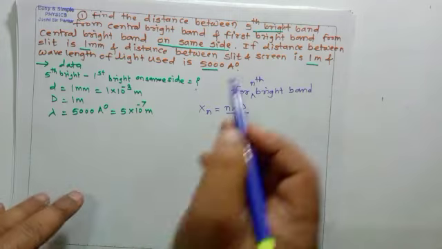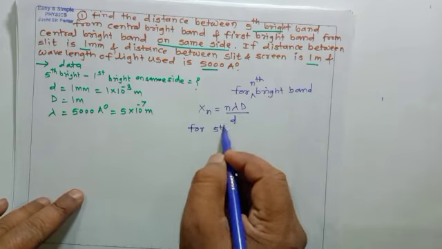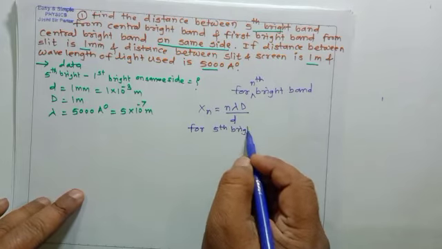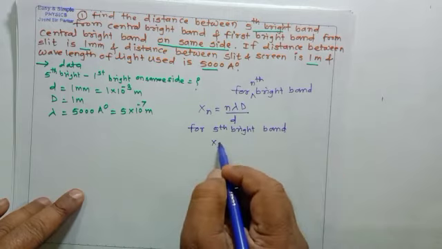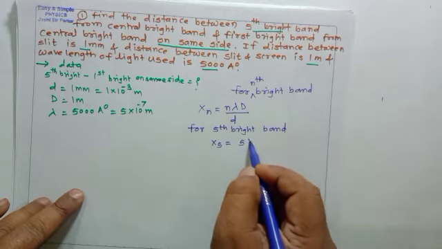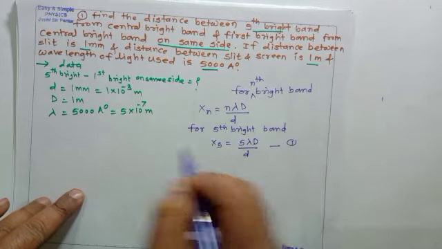Here fifth bright band is given. For fifth bright band, so x5 is equal to 5 lambda capital D upon small d, equation 1.